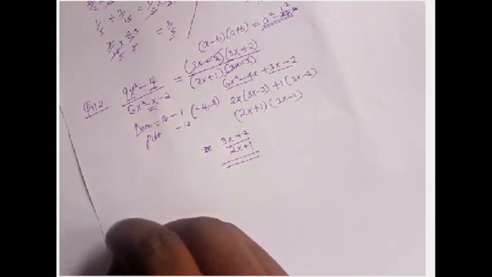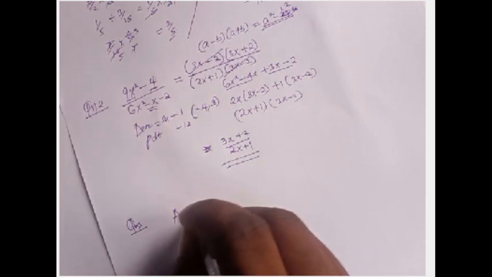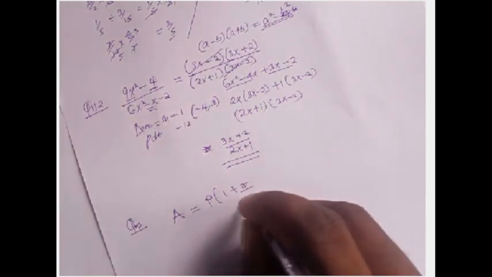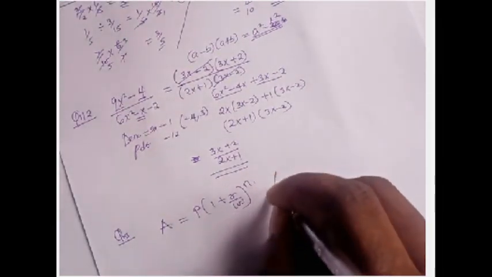So in this question, we are expected to use the compound interest formula. In the compound interest formula, amount is equal to principal times 1 plus rate of interest to the power of n. So we want to find the amount.